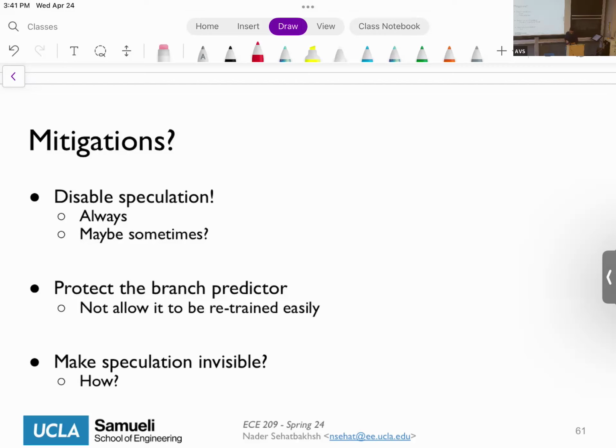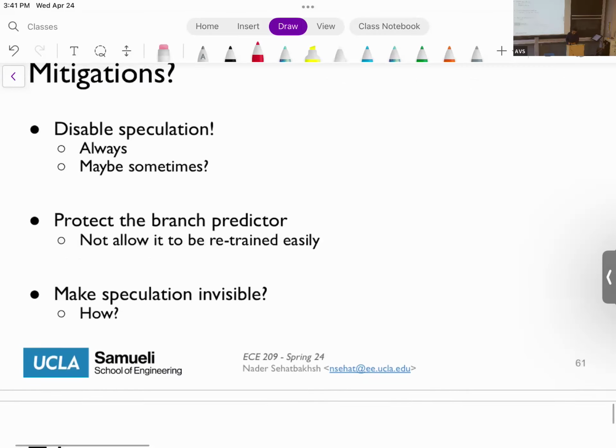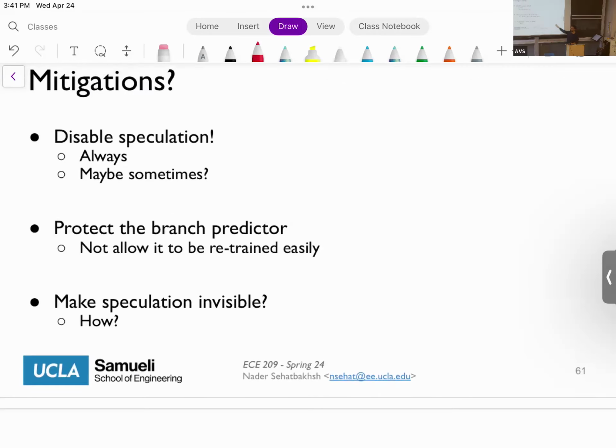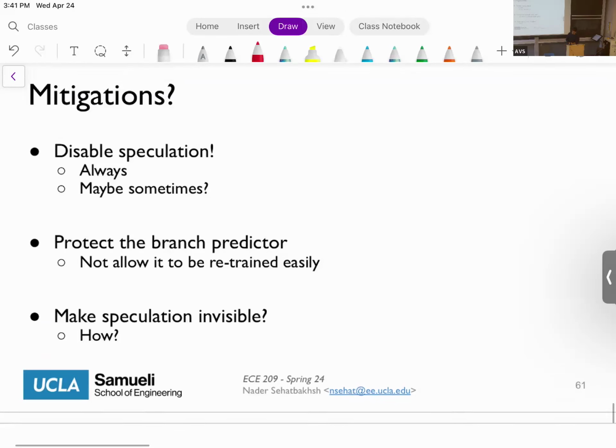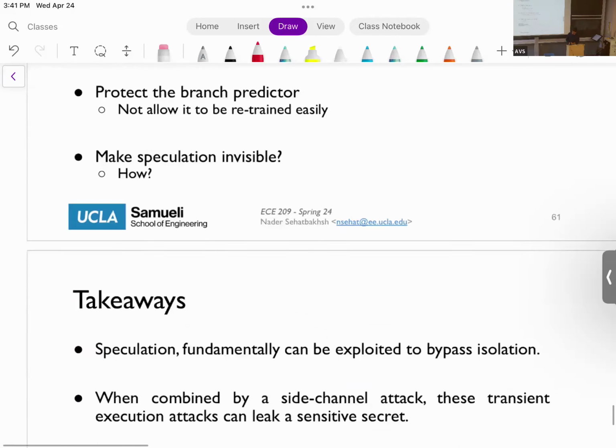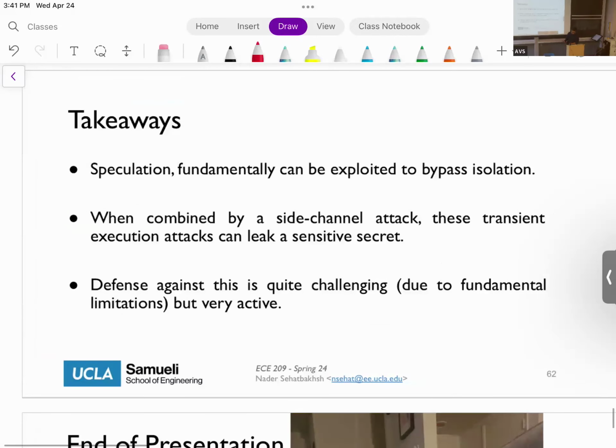You're going to see a bunch of real solutions in 2 weeks, when we talk about the defenses of speculation. But this is a very big deal because all of our modern processors are vulnerable to this attack.